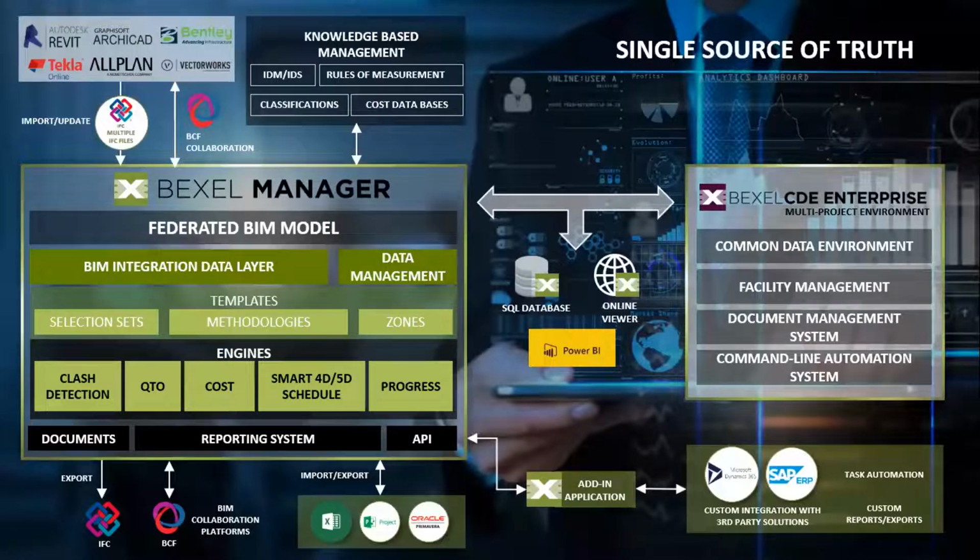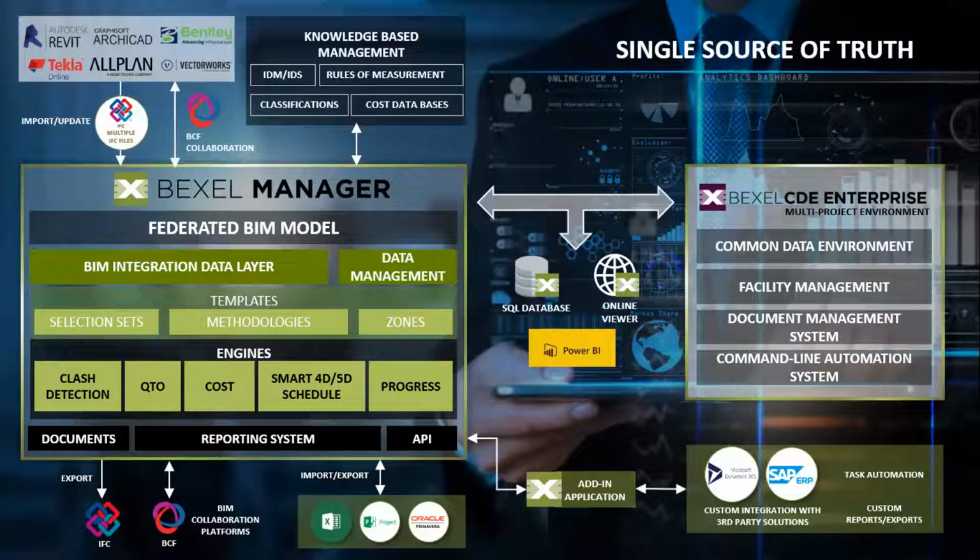Bexel Manager is a single source of truth where we can import the 3D design from any of the leading 3D design software. You can prepare a 3D model in open BIM format .ifc, and multiple files or a single file can be imported into Bexel Manager. Then you can create a federated BIM model and go for integration of data layers, such as model element categorization and grouping using selection sets or custom breakdown structures.